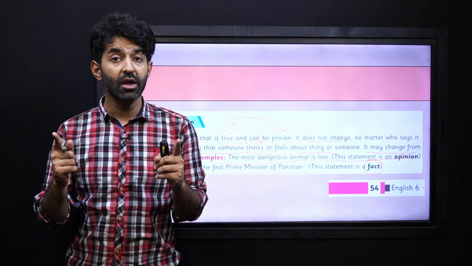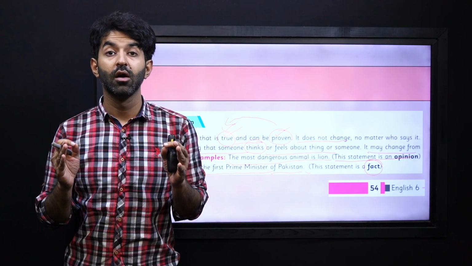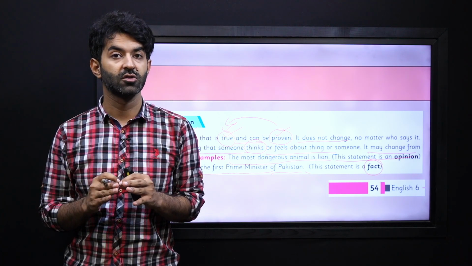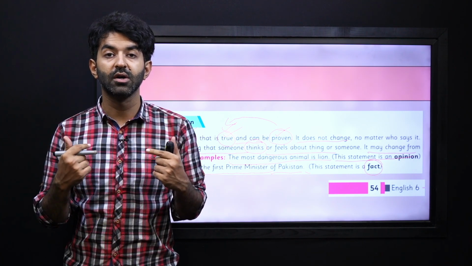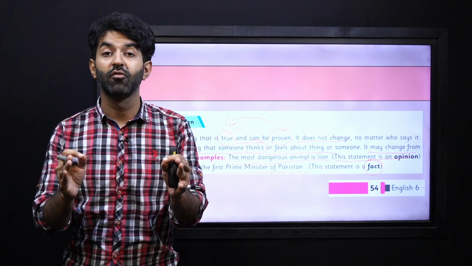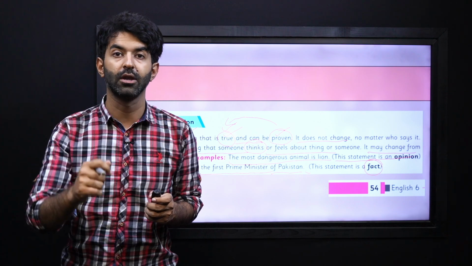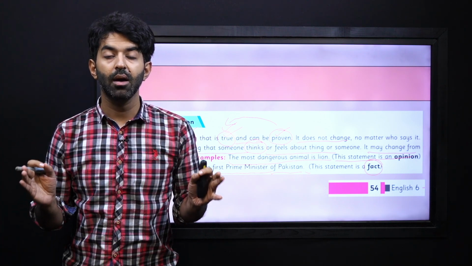But if I say that chocolate ice cream is better than vanilla ice cream, then this is not a fact. This is my personal opinion. You may say that vanilla ice cream is better than chocolate ice cream, and that would be your opinion. So we are clear about a fact.